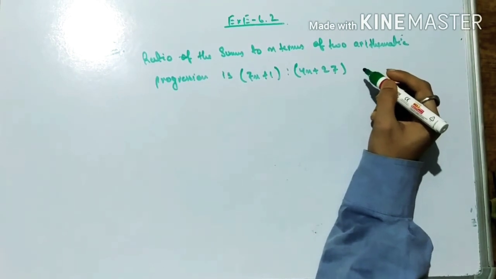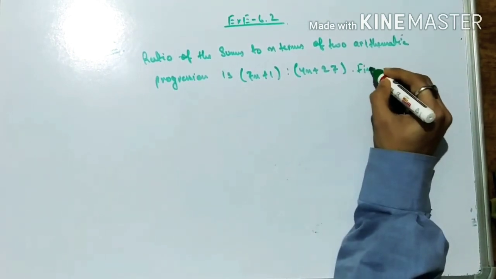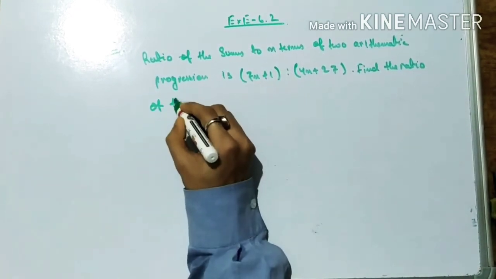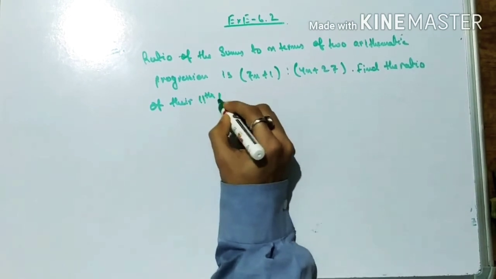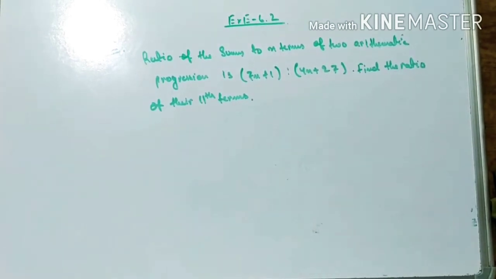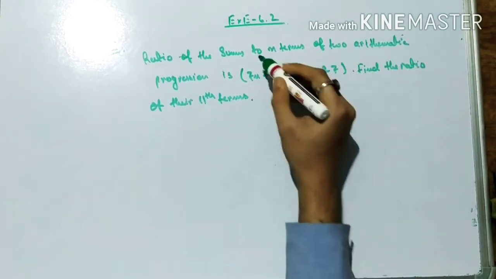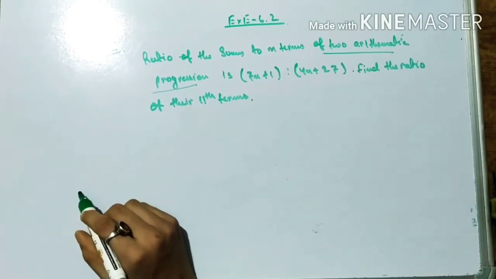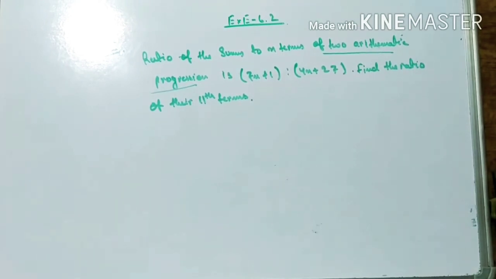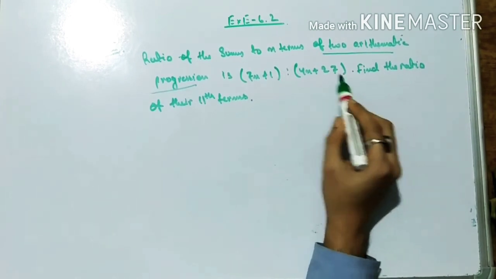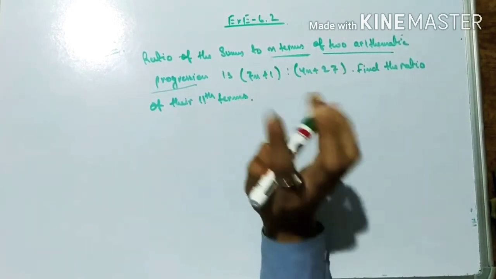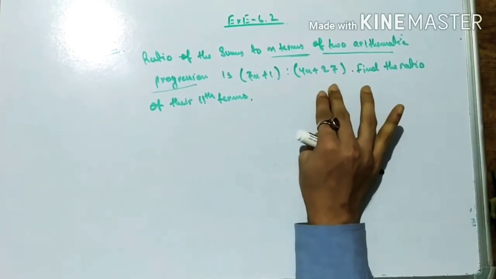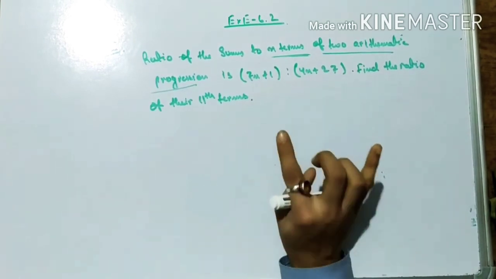Find the ratio of their 11th terms. I have to find the ratio of their 11th terms. The ratio of the sum to n terms of two arithmetic progressions is given as 7n plus 1 is to 4n plus 27.